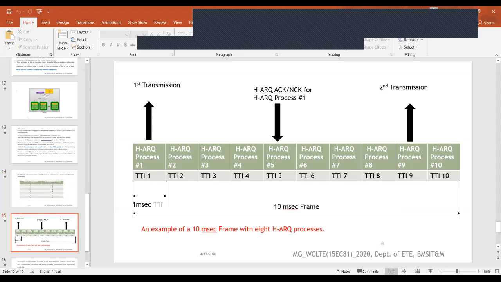See here, this is the first transmission. Acknowledgement will be received after fourth hybrid ARQ process. And again, the next retransmission starts after hybrid ARQ process 8. Means this is the second transmission. Hybrid ARQ process starts at 9, right?